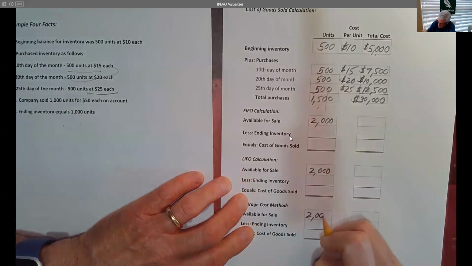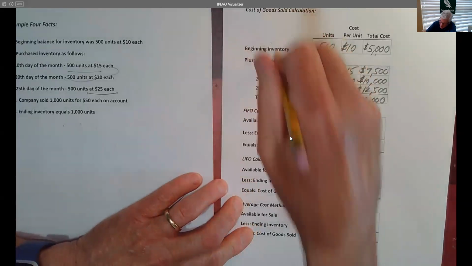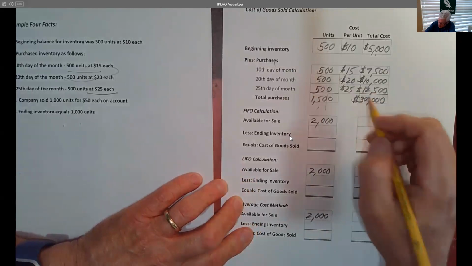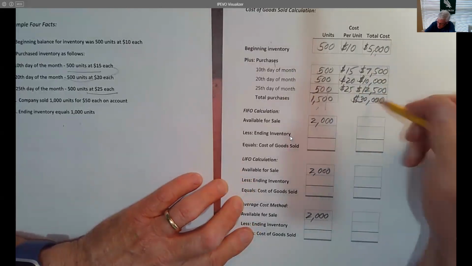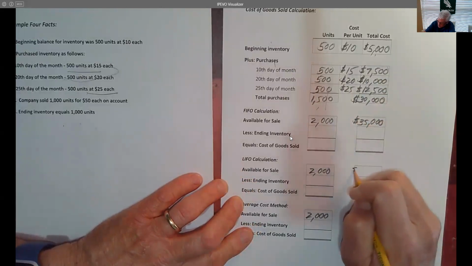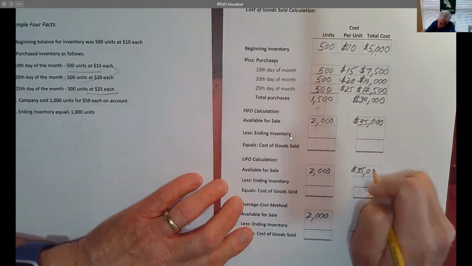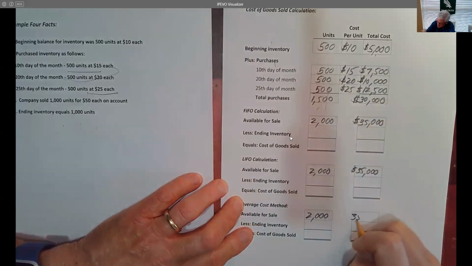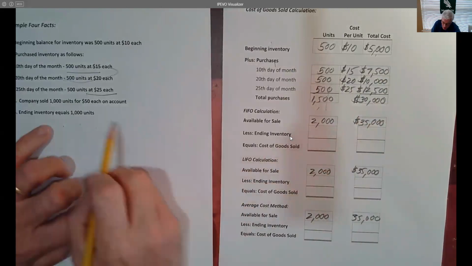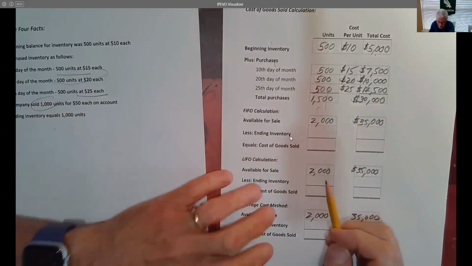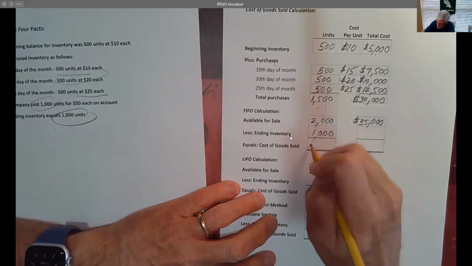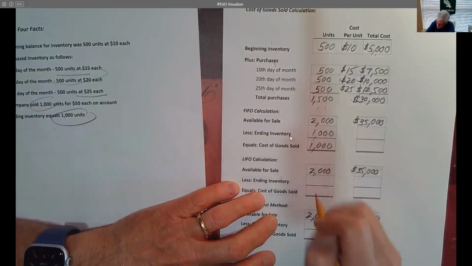Available for sale, again, is beginning inventory plus purchases. And the dollar amount is still going to be the same, 5,000 plus 30,000, 35,000 in all three methods. Now, ending inventory is told, just like last time, ending inventory is 1,000 units. And so we sold 1,000 units.